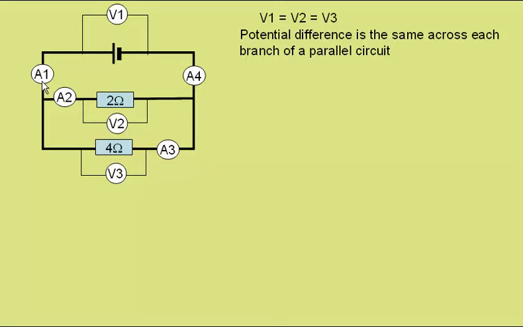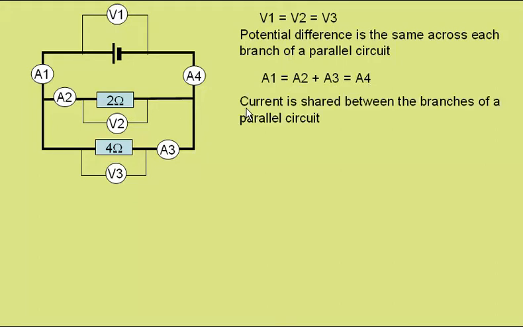So all the charge will pass through ammeter 1 and ammeter 4, but only some will pass through ammeter 2, the rest passing through ammeter 3. So we can say that ammeter 1 will be equal to the reading on ammeter 2 plus ammeter 3, and that will be equal to the reading on ammeter 4. We can say that the current is shared between the branches of a parallel circuit.